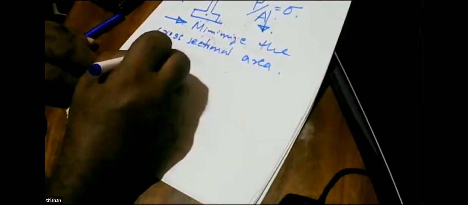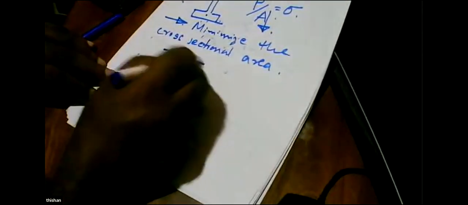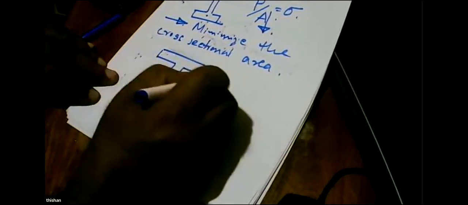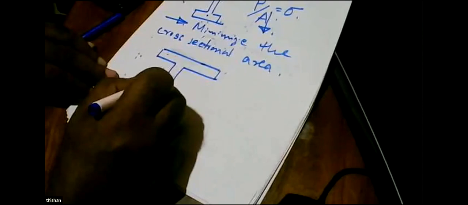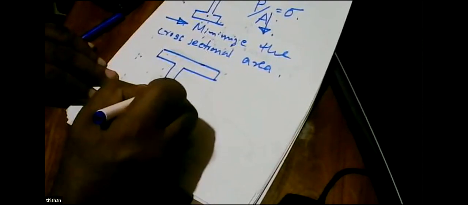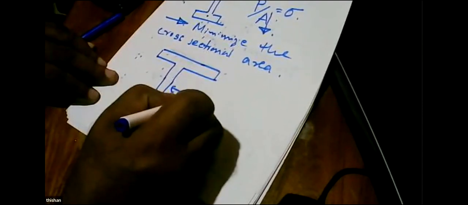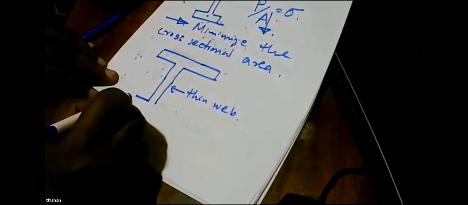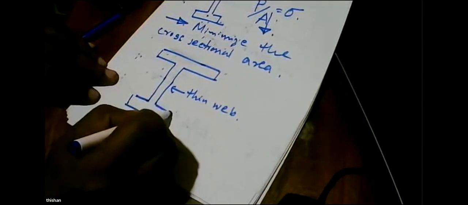But you cannot minimize it all the time. So what we do is, we see how to minimize it. So we like it to be this way, and we'll have a thin web, and we can have a bottom flange.